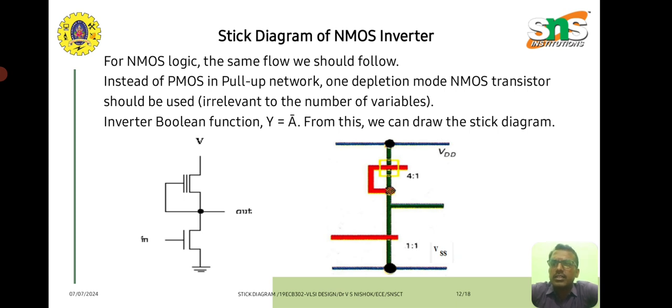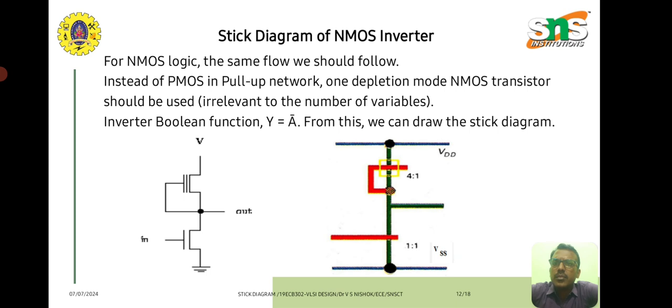After drawing this, we design the stick diagram for this circuit. For the NMOS transistor in the stick diagram, we need to cross the polysilicon with the N diffusion, and that is done in the pull-down network. One polysilicon is taken as a horizontal line, and green represents the N diffusion.